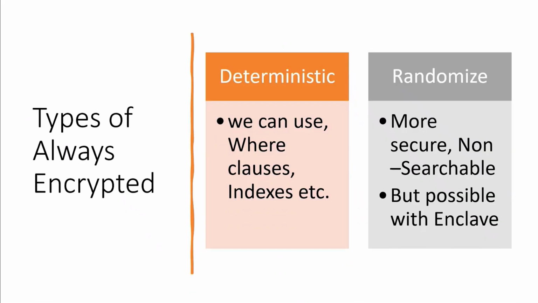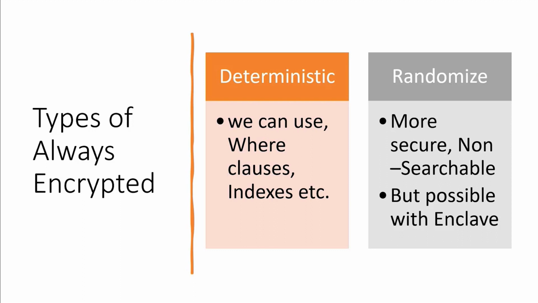Then we have algorithms to encrypt the data: one is deterministic and the other is randomized. Deterministic means that every time the encrypted value is the same. So if we have a low number of options, let's say 4 or 5 values, and every time it encrypts to the same value, like 001, people can guess what it is.